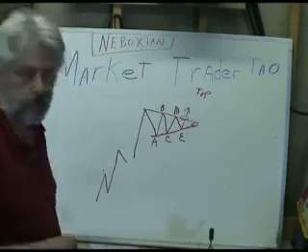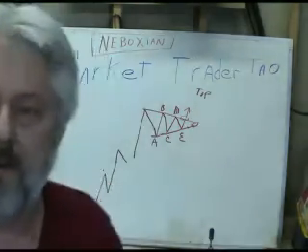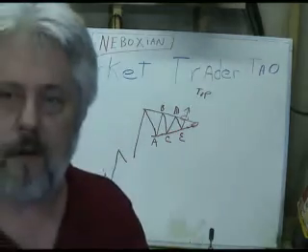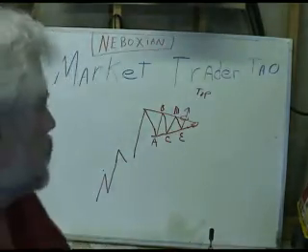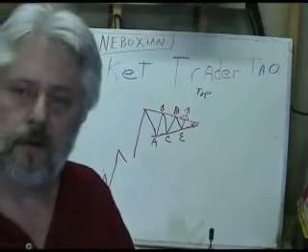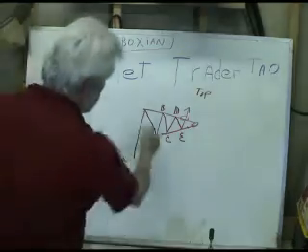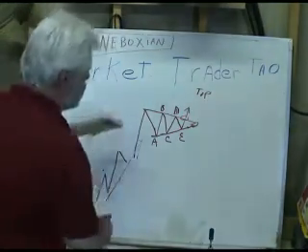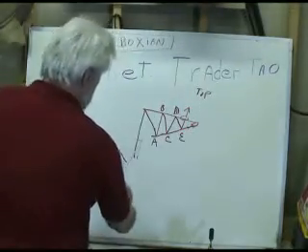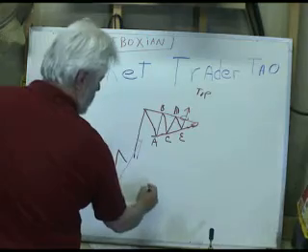Now there are a lot of different kinds of triangles, and we probably don't have enough time in this video to discuss all of them, but it's very important that you get the gist of a triangle. Typically when you have an upward trend like this, the triangle will actually be pointing down more.